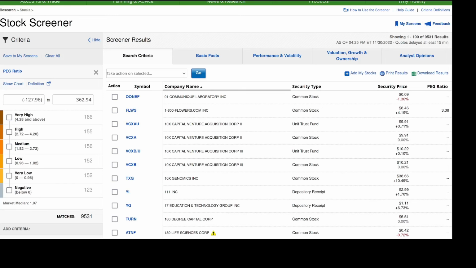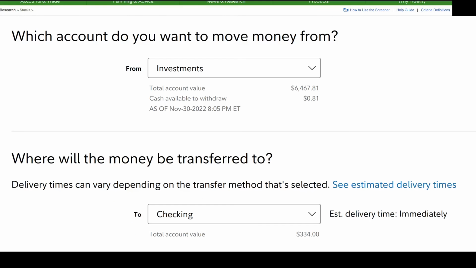And the thing I like about both Fidelity and Schwab is they both have checking accounts. So you can move the money from your brokerage account to your checking account and pay your bills and sort of use it like a bank. Whereas with Vanguard, you can't do that. And I believe you can move the money from the brokerage account to the checking account same day.